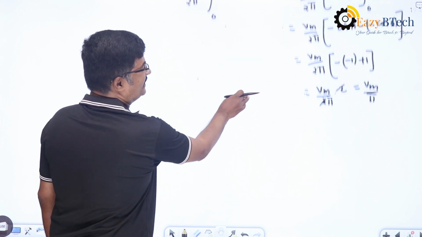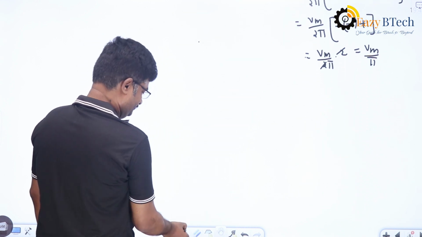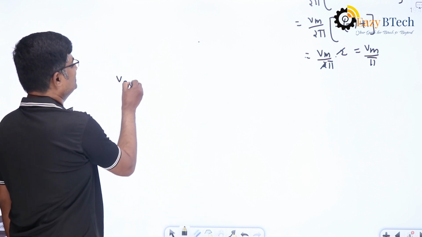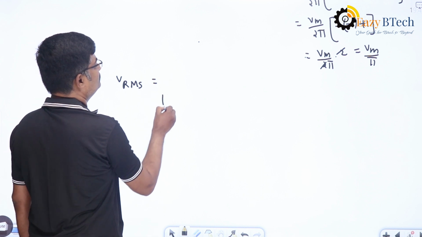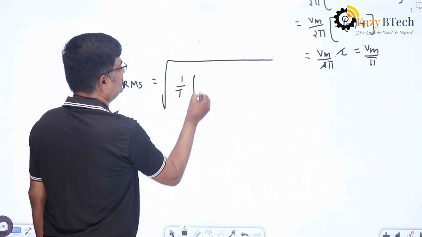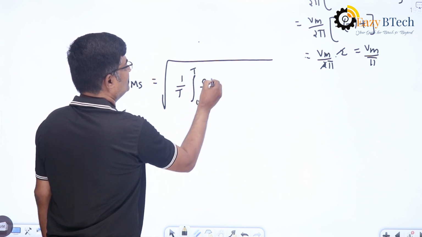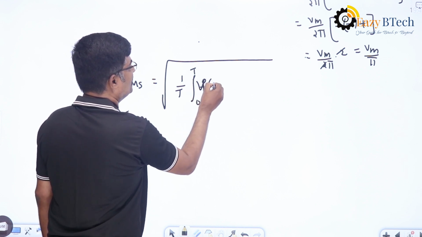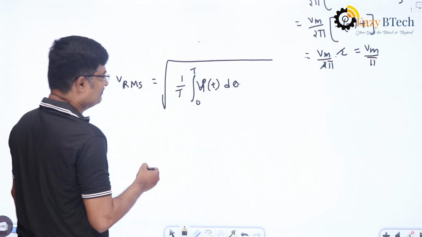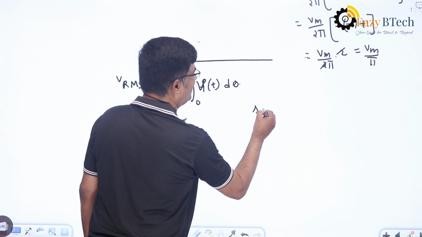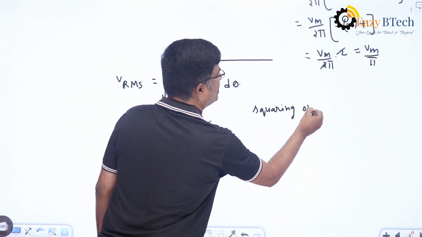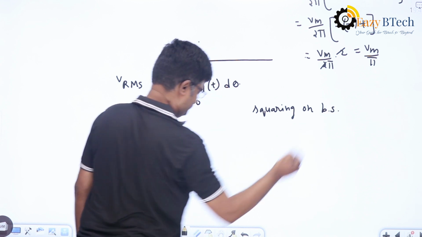In the same way, if I am going for V rms, it is equal to square root of 1 by T integral 0 to T of V of t square into d theta. So here what will happen? First of all, I am squaring on both sides.